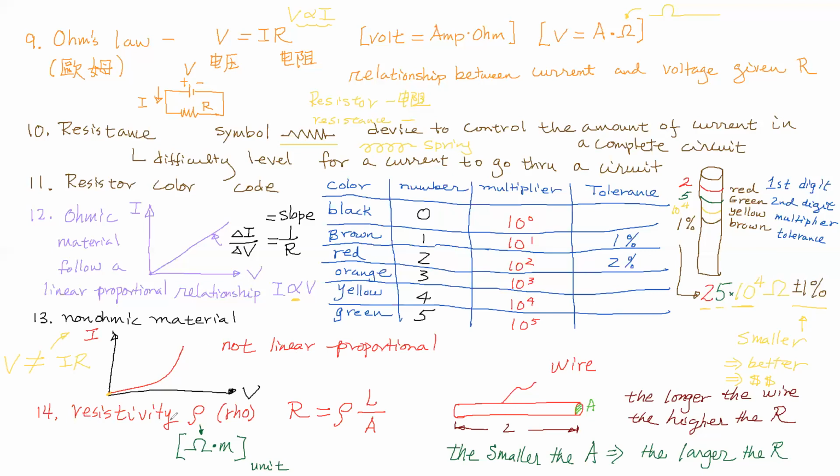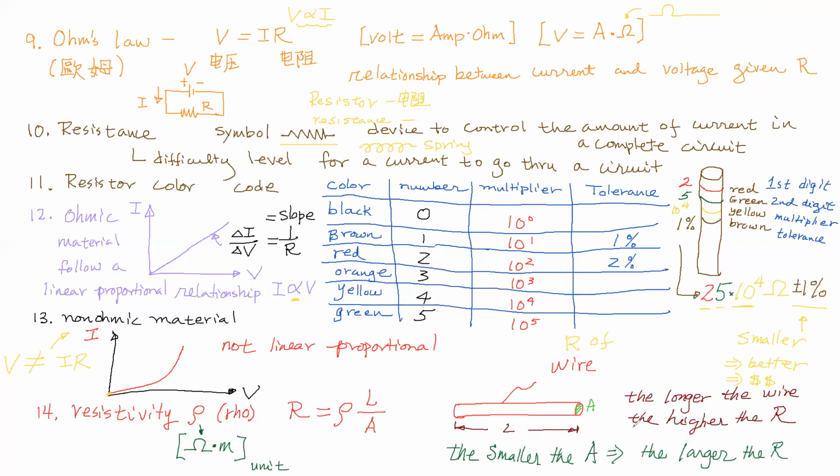Number 14, resistivity, rho. So R is equal to rho times length divided by area. So cross-section. For a wire, you have the length of this wire. If you make this length longer, then the R of this wire will become larger.